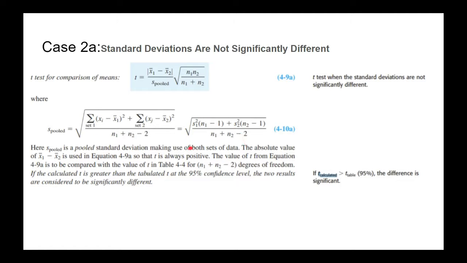The first thing that you need to get is the standard deviation of your first set of data, and then you're going to square it. And then the n1 minus 1 here, this n1 tells you how many are there in your first set of data. So if you have 5 in your first set of data, your n1 would be 5, okay?